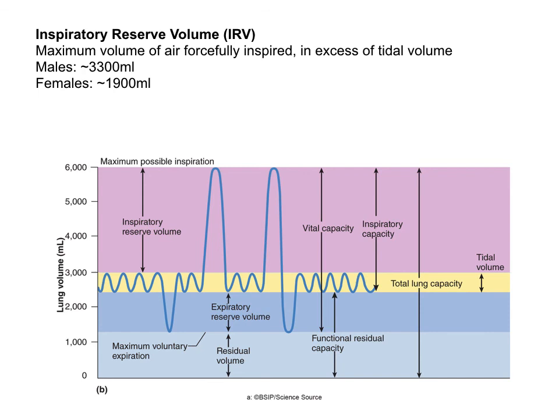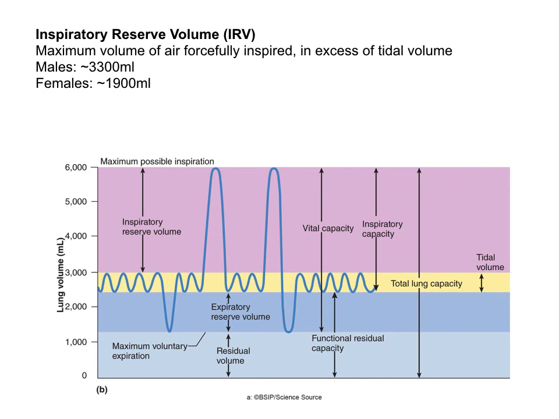Inspiratory reserve is the extra that you can inhale with force on top of tidal volume. So this would be taking that deep breath in preparation for blowing out a lot of birthday candles, or that deep breath in that you take before trying to swim across a pool underwater.